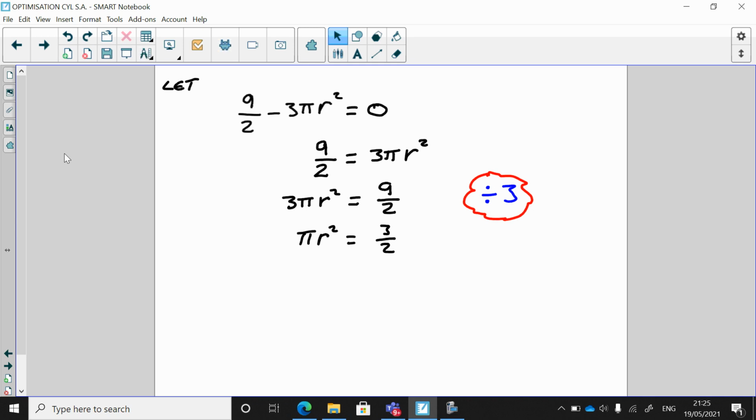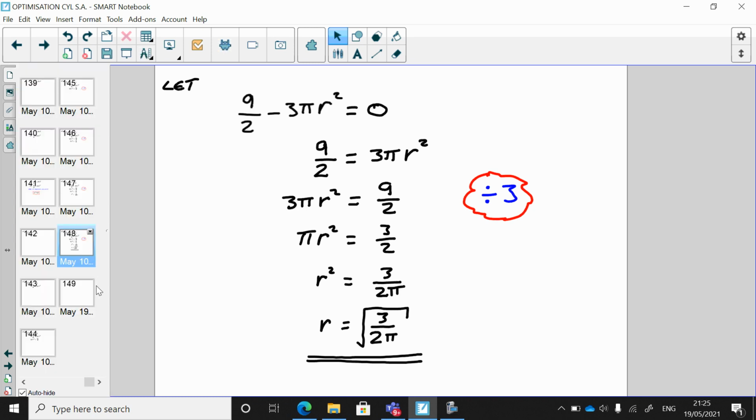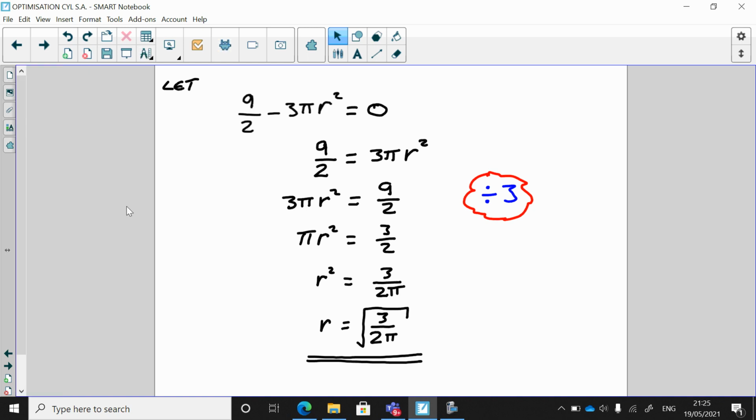Let's divide by pi, so pi will go downstairs and sit next to the 2. Okay, we get r squared, let's square root it. And that's us all done. We have shown that r equals the square root of 3/2 pi. That's all they were looking for.